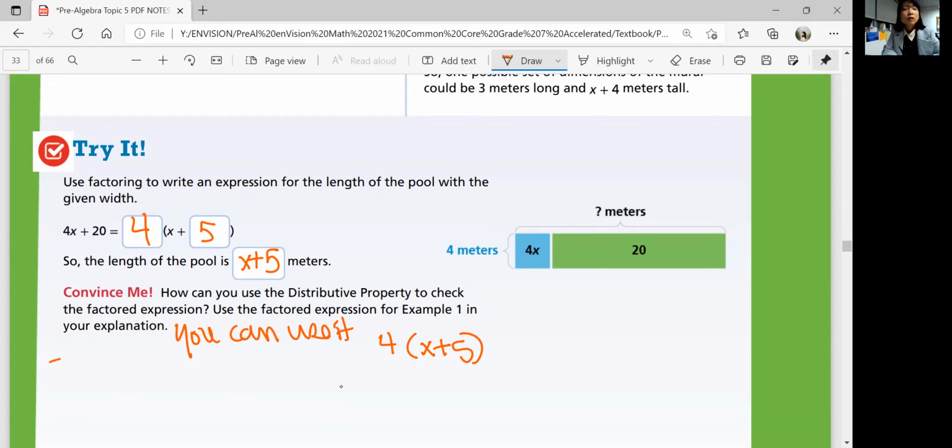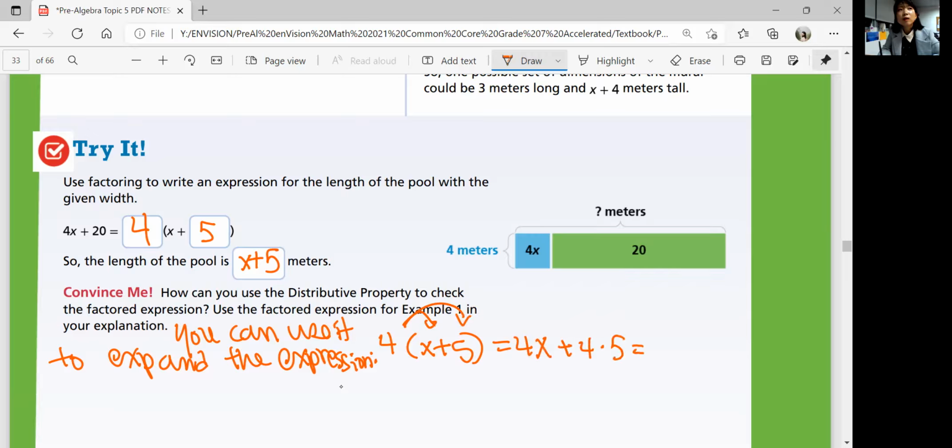Just like this. 4 times x plus 5 is equal to 4x plus 4 times 5, which is 4x plus 20. And they are equivalent. So they're the same, okay?